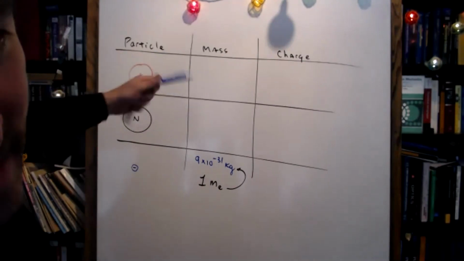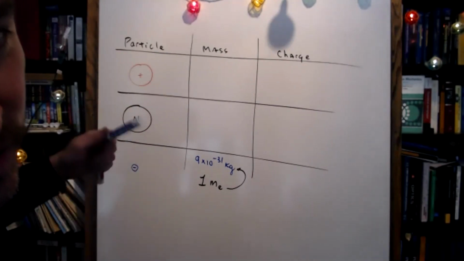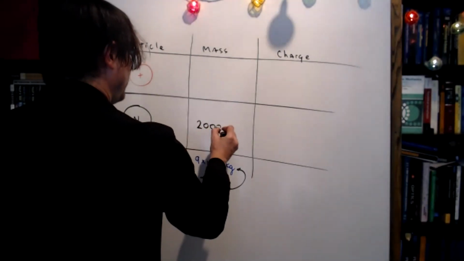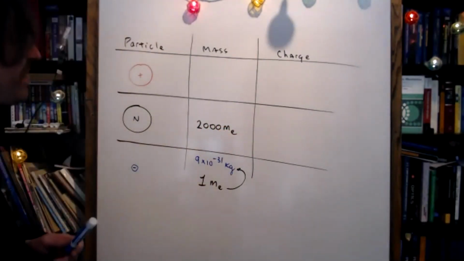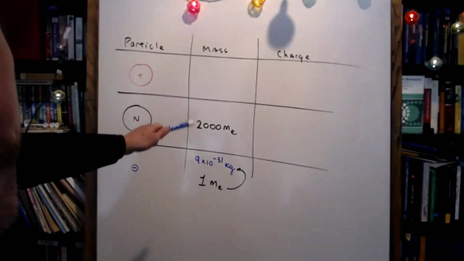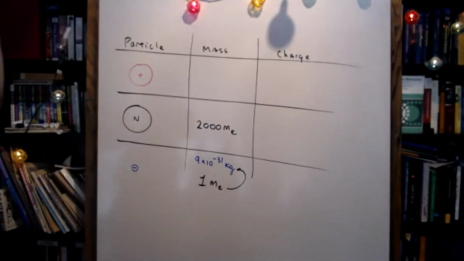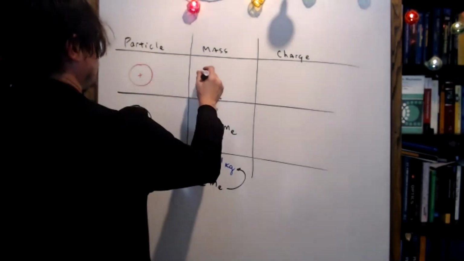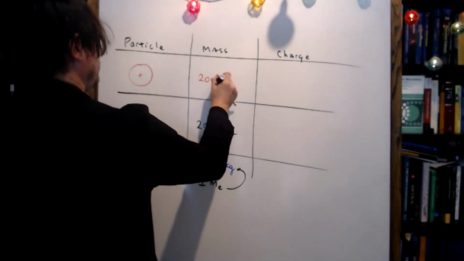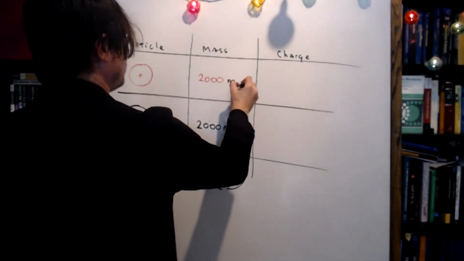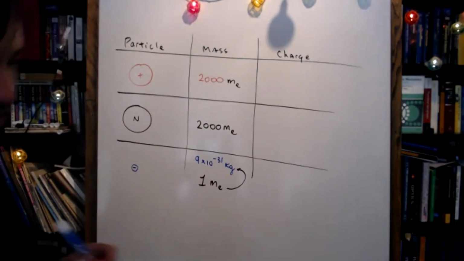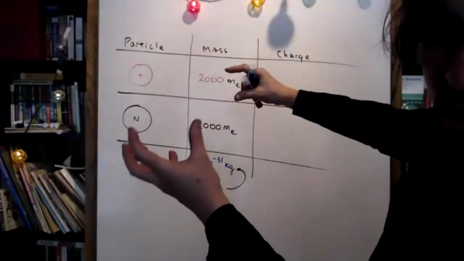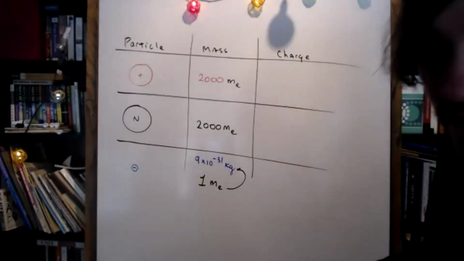If you were to compare the masses of protons and neutrons, you would discover something interesting. The neutron is roughly 2,000 times more massive than the electron. And weirdly enough, the proton is also roughly 2,000 times more massive than the electron. And that means neutrons and protons are massive particles in comparison to an electron.